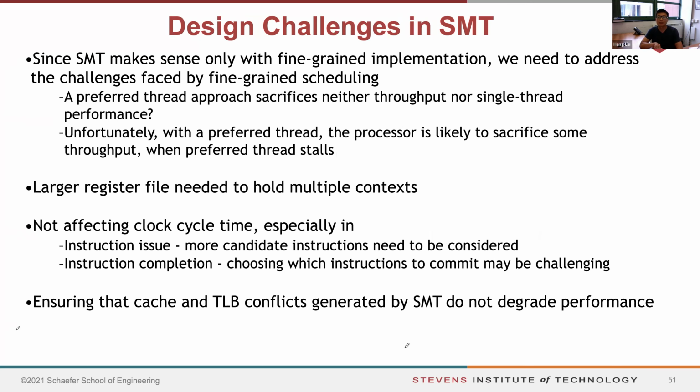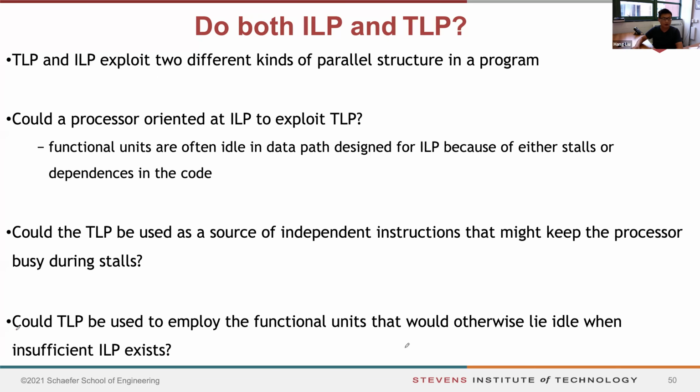Okay, so to answer these two questions, first, could the TLP be used as a source of independent instructions that might keep the processor busy during stalls? I think this is something we have to keep in mind: thread level parallelism only works per thread, and instead of a thread, you're doing instruction level parallelism, right? So if in one instruction you have some stalls, the thread level parallelism cannot kick in.